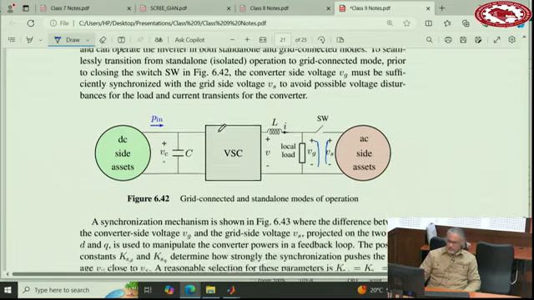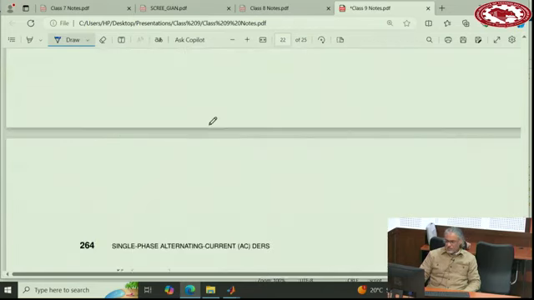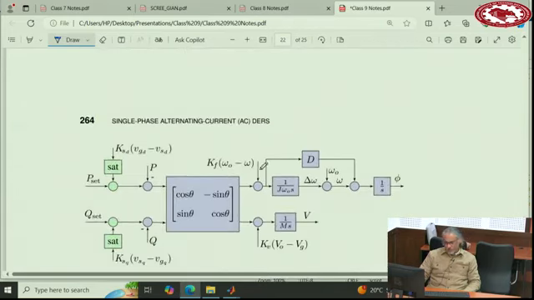Again, there are different approaches, but what we did in our controller is this one. You take VGD minus VSD, these two voltages in the DQ domain, and then limit them because they can become very large, and then add them to the set points of real power and reactive power.